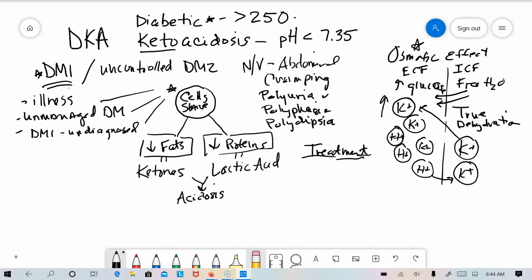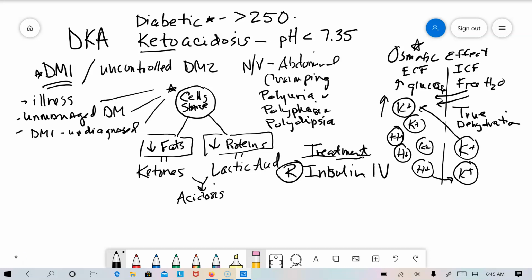So obviously the treatment is going to be insulin, but it needs to be regular insulin. Regular insulin is the only insulin that can be given by IV. Please do not give your patient a shot. It's not going to be helpful for them. So we're going to give them regular insulin by IV. That's going to help with your hyperglycemia.